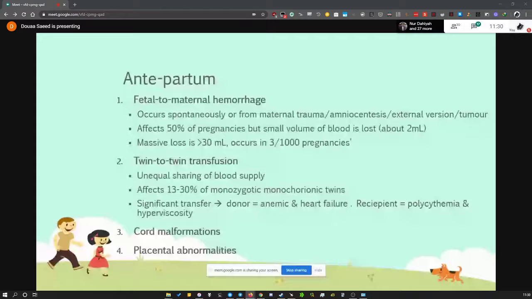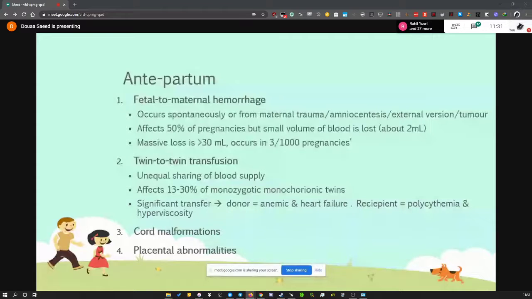It usually affects 50% of pregnancies, but the blood loss is usually very low, so it's not enough to cause hemorrhagic anemia because usually the blood loss is a few milliliters. However, if we have a massive loss of more than 30 milliliters, that can cause hemorrhagic anemia, and that usually occurs in about 3 in 1,000 pregnancies.